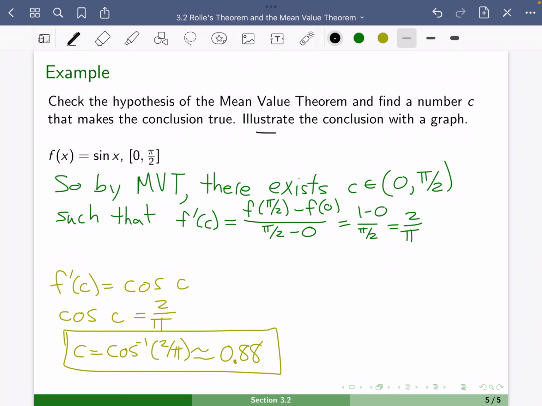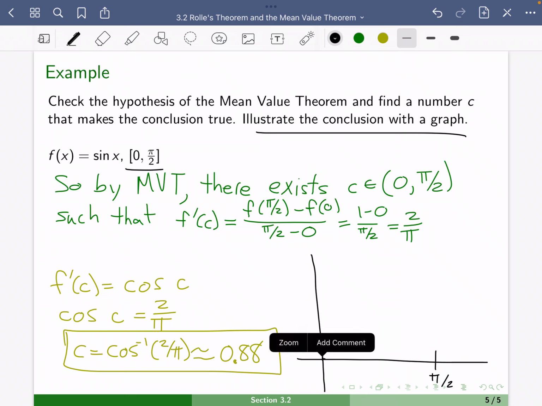We are also asked to illustrate it with a graph. So we have the sine graph from 0 to pi over 2. At pi over 2, we're at a height of 1.